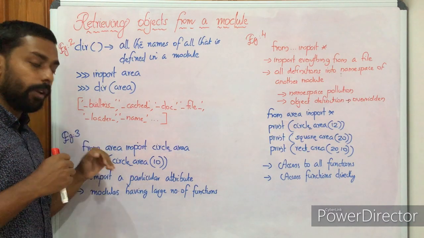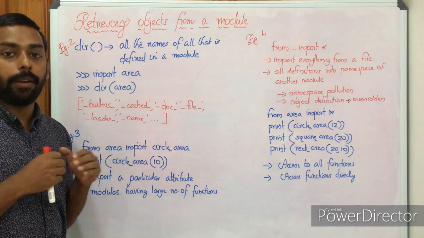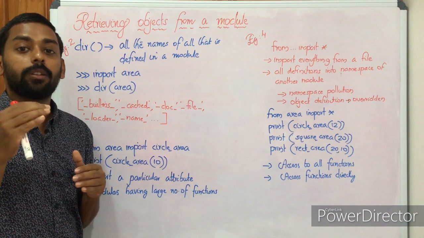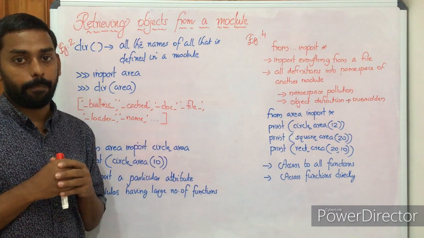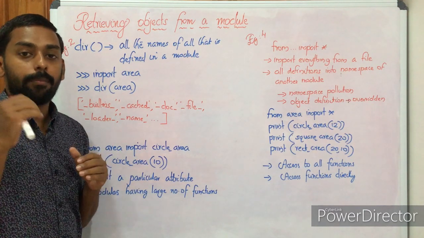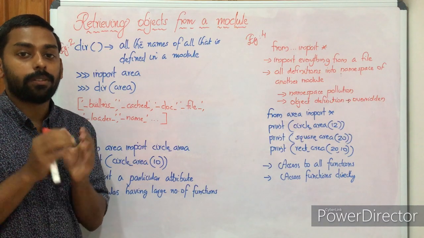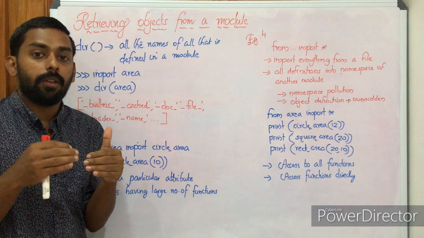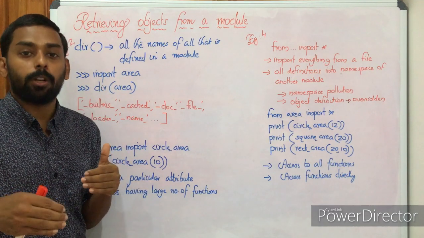Then we move on to the second way of importing a module into a program. The first method we used is import, right? When using import, all the attributes defined in the module are imported into the program.